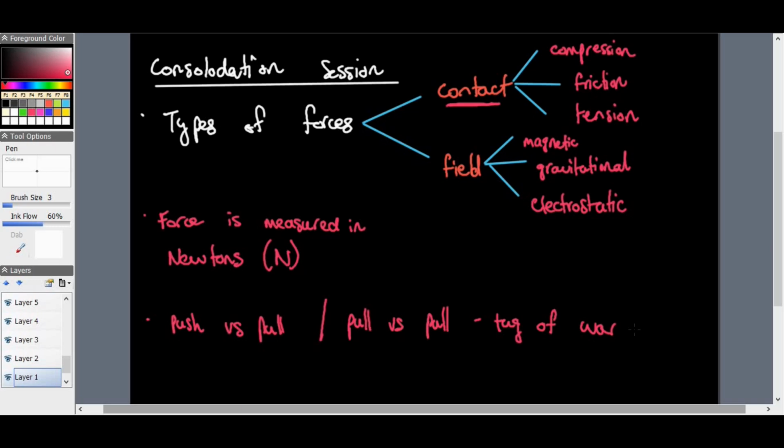If you must erase extremely hard or extremely fast, like an entire page of pencil, you'll find that your eraser becomes a little warm, because there's friction between the rubber eraser and the page itself. That's a contact force.